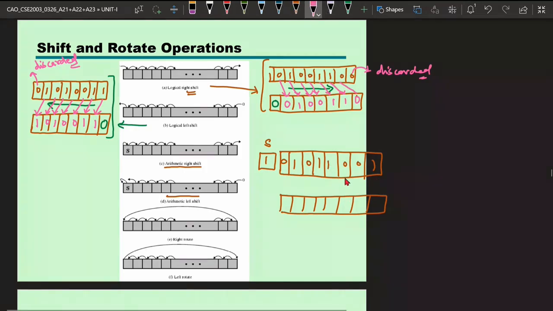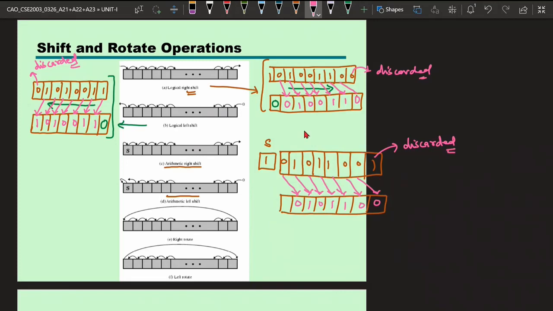Okay. So when we move the content to the right side, this data will be moved here, 0. This one is here. This one is here. This one is here. 1 is here. 0 is here. And this 0 will be coming out here, and this 1 will be discarded.